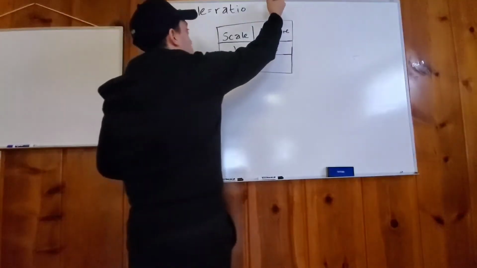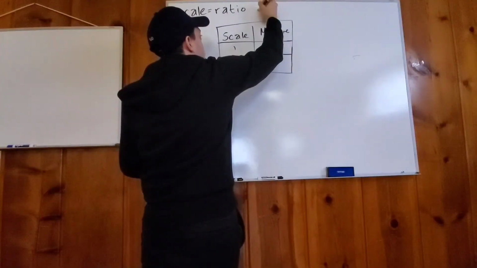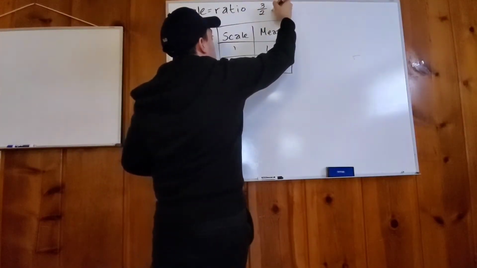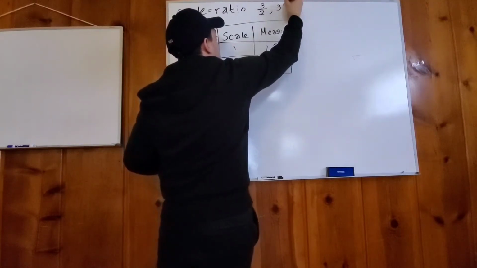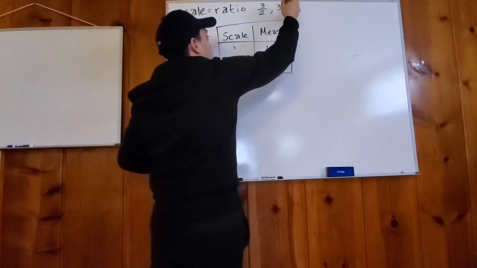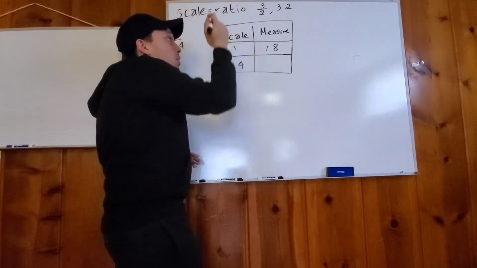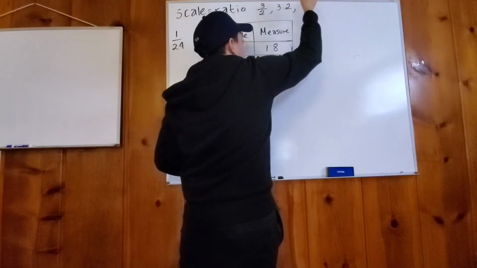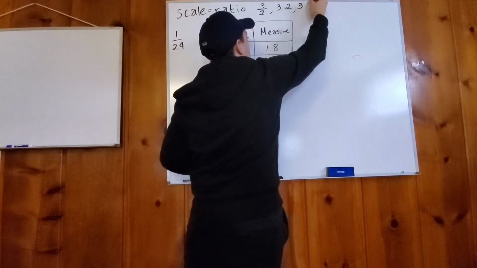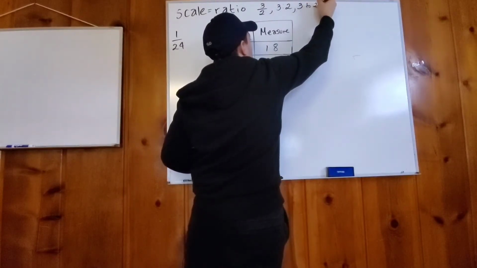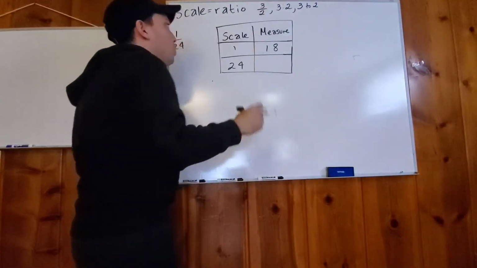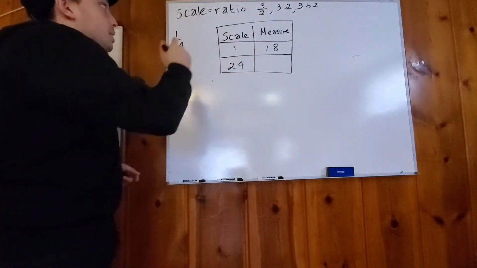It could be presented as a fraction, 3 over 2, or as a number with a colon in between, 3:2. And then there's another one in which we write the word T-O, 3 to 2. So that is a ratio. That's how you read that.